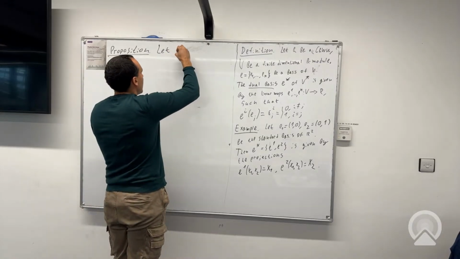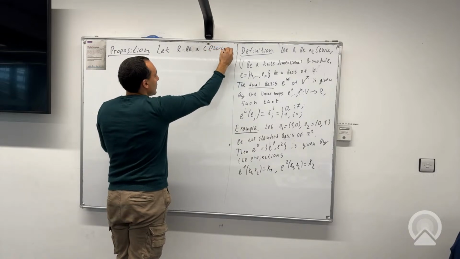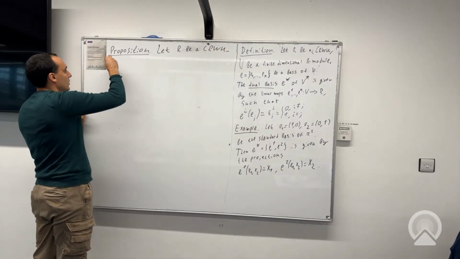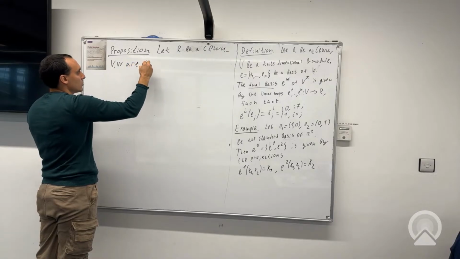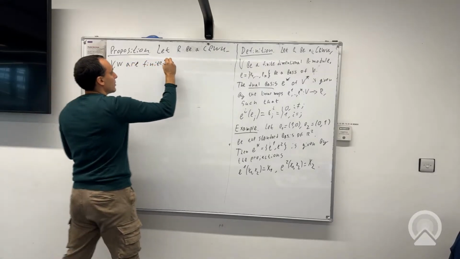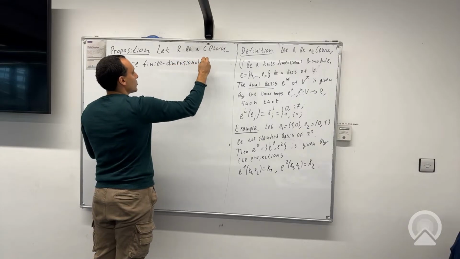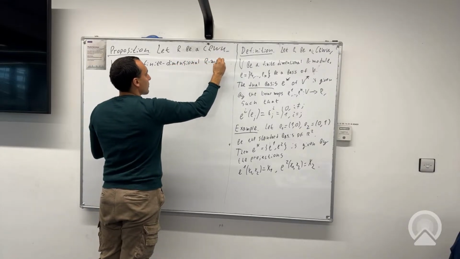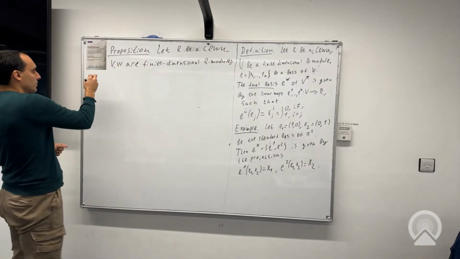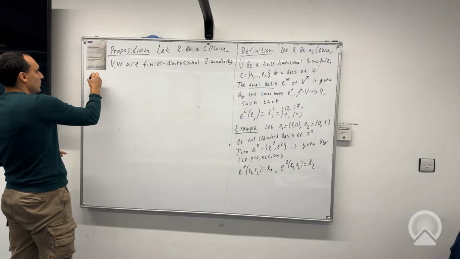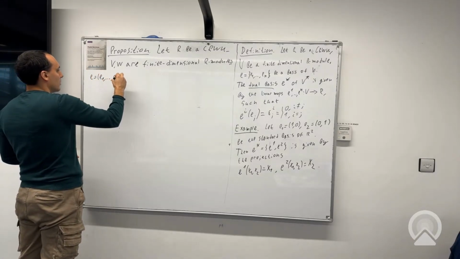So let R be a commutative ring with unity and take two finite-dimensional spaces. So V and W are finite-dimensional R-modules, and they have bases.